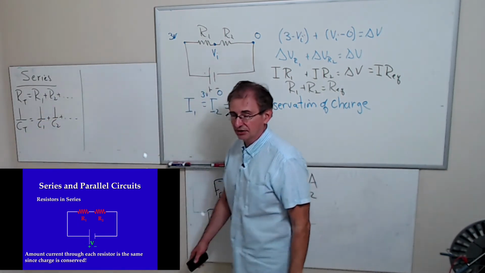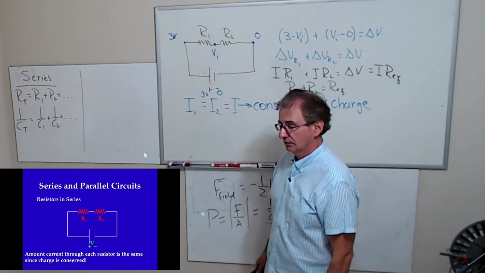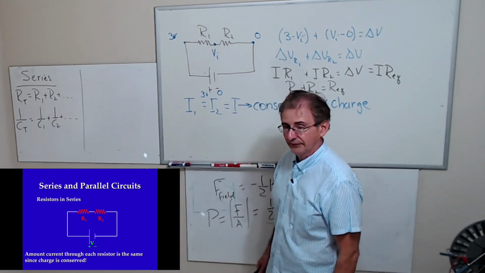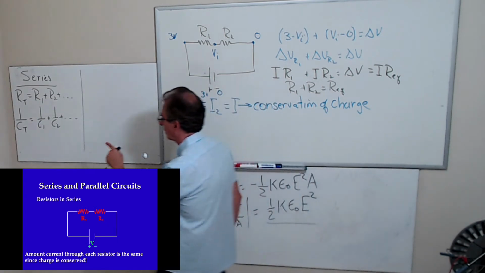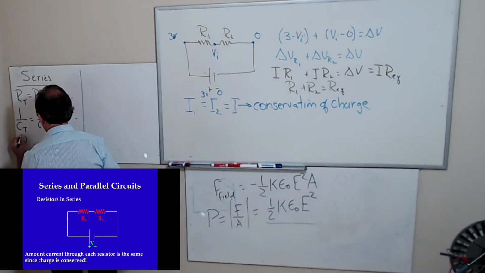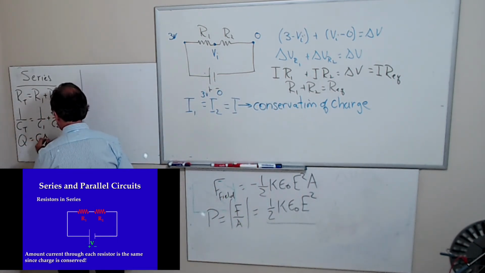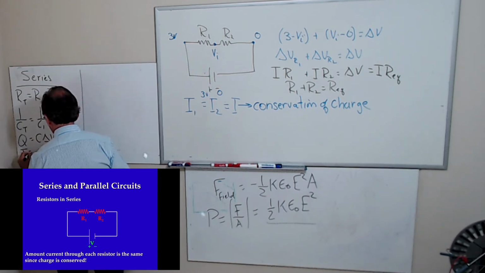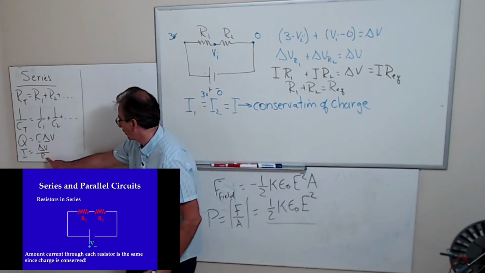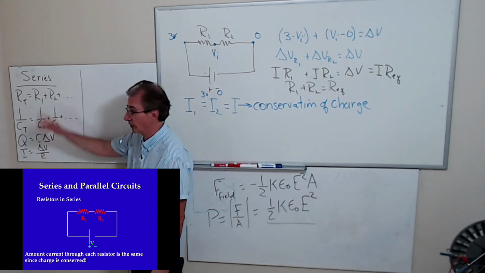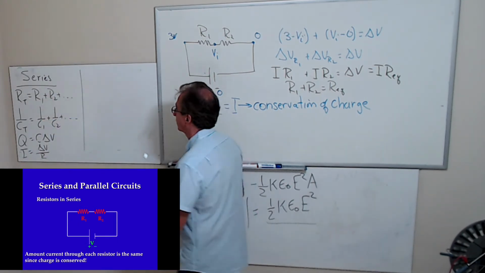Notice the difference in the relationships. And the reason why they're different is because Q is C delta V and I is delta V over R. Notice that here, this is the numerator, here, this is the denominator. That's why the relationships are flipped.